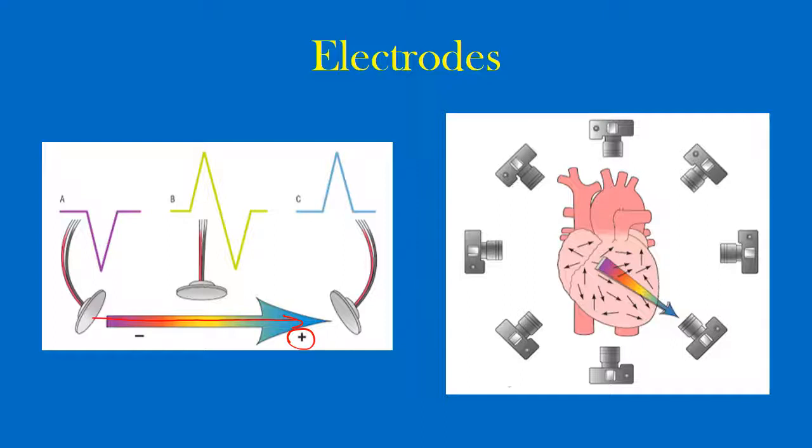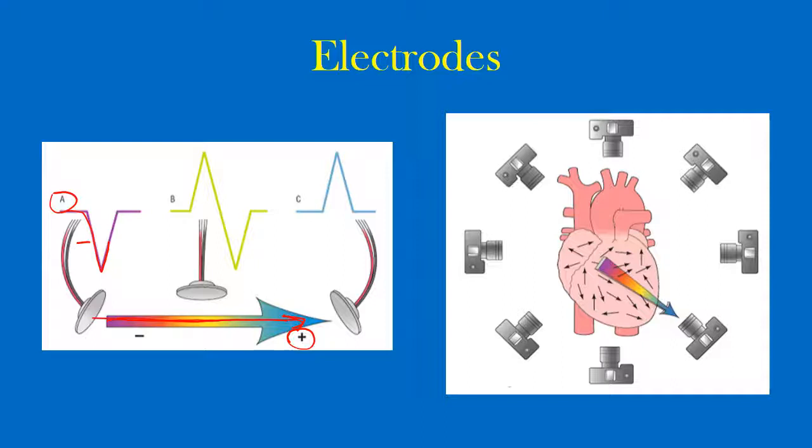Note the wave in A here, how it is deflected downward in a negative direction. So as this wave is moving away, you can see this is deflected downward in a negative direction because it's moving away from the electrode.